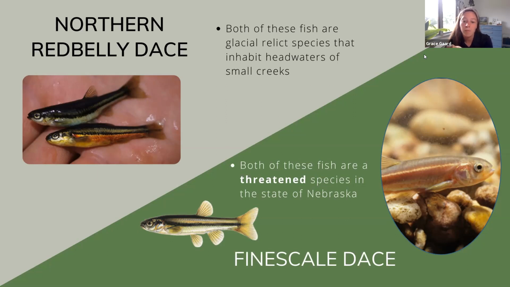These aren't game fish, so we don't talk about them as often, but they rely on an ecosystem that is a little bit threatened. The Sandhills are an amazing ecosystem that thankfully has been preserved pretty well, thanks to ranchers who manage their land very well. These are two fish species that rely on our water resources.